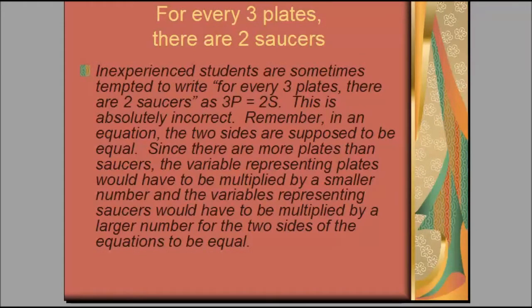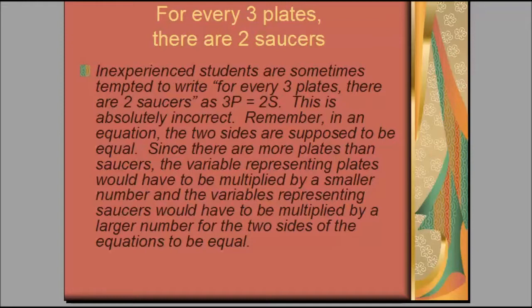And I want to talk a little bit more about this phrase, for every 3 plates there are 2 saucers. Inexperienced students are sometimes tempted to make the equation 3p equals 2s. And that's because 3p equals 2s follows the word order.